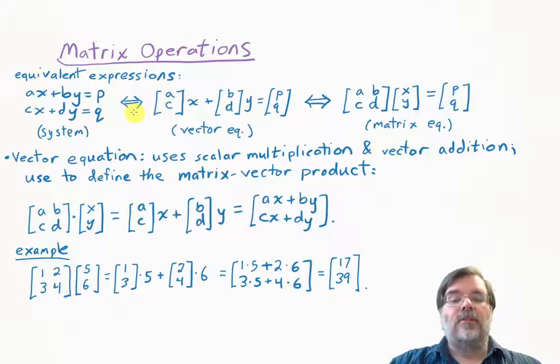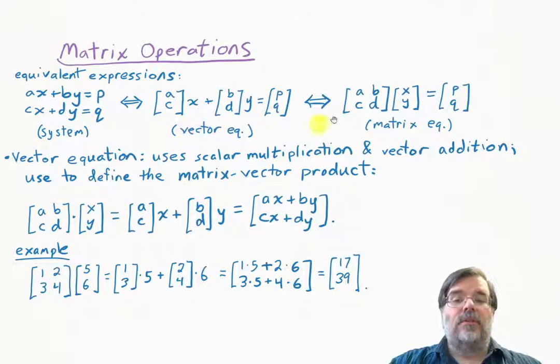Now we want to use the fact that these expressions all mean the same thing to define a new operation, something called the matrix vector product. And so over here, in these last two forms, in both cases, the left-hand sides are equal to the vector PQ.